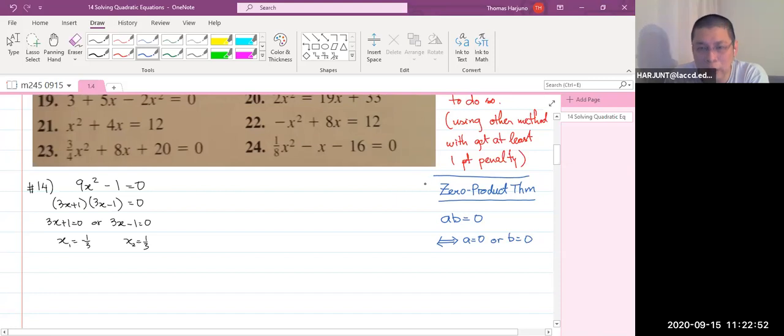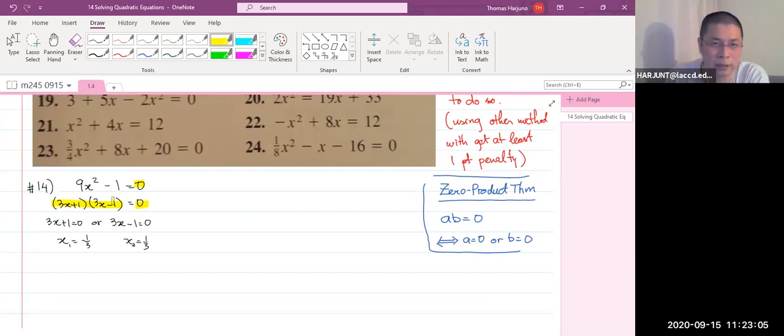That's why the other side has to be 0, and then you factor this side. It doesn't work with one or any other number. It only works for 0. That's number 14.